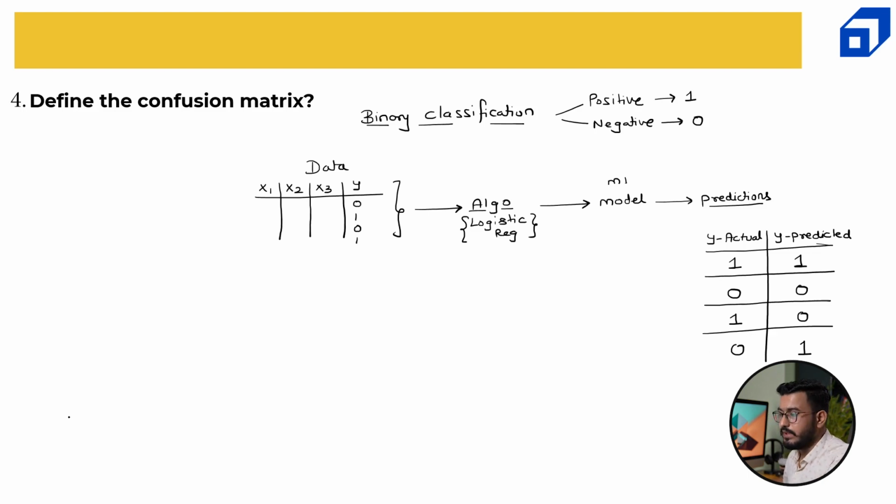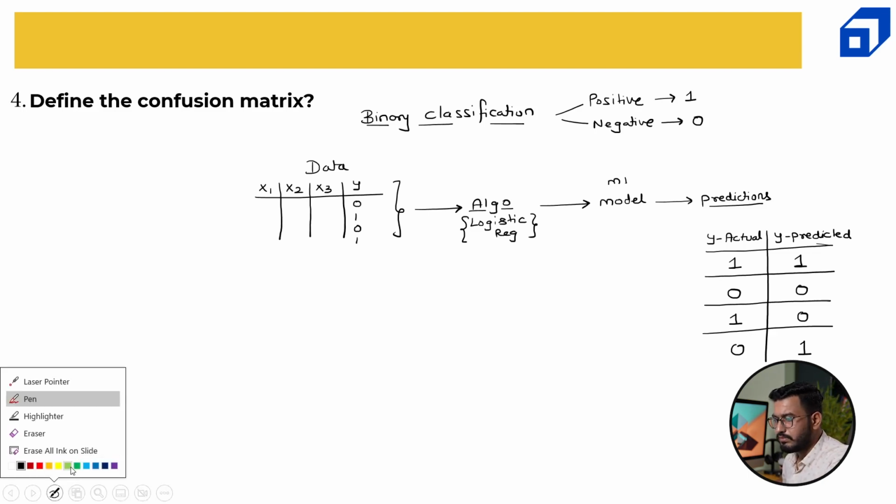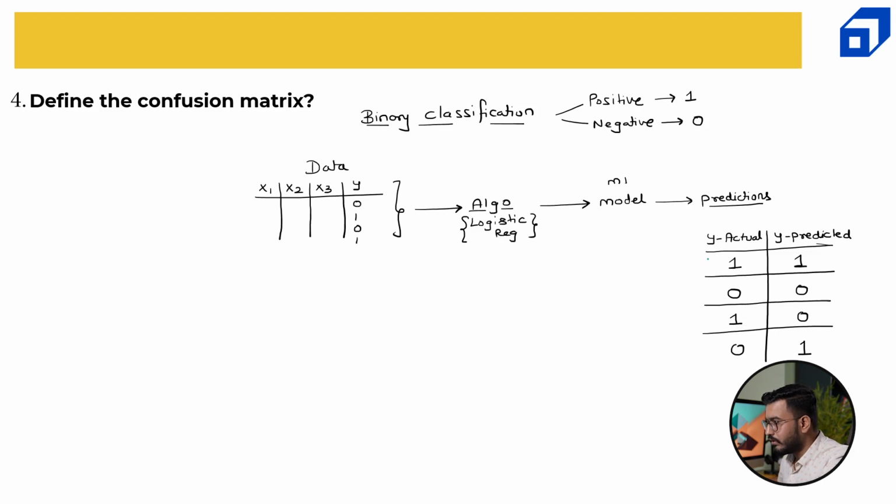Now how do we name them? It is very simple. These two cases, since they are correct, we call true cases. These two cases, since they are incorrect or misclassifications, we call false cases. So I'll write T in front of them and F in front of them.